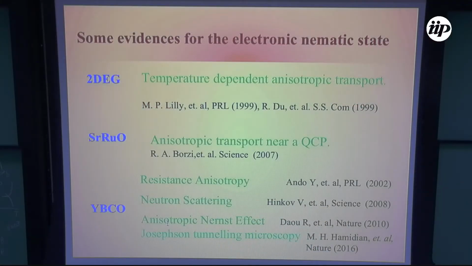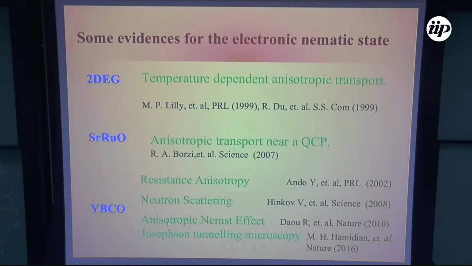There is a lot of experimental evidence of this phase in very different systems, essentially strongly correlated systems. Of course, the classical case is very well known: liquid crystals. But what I would like to tell you about is the quantum nematic phase, a nematic phase realized in electronic systems.